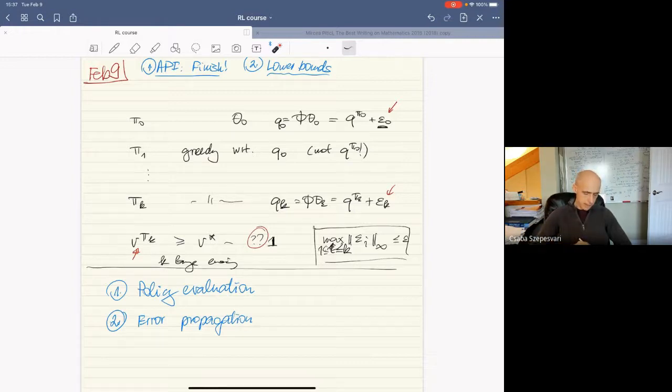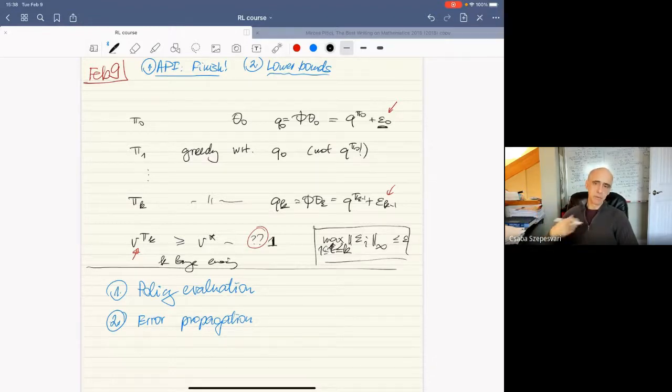And then the process continues. In the k-th step, generally, pi k is going to be greedy with respect to q k, which was the approximate value function of, oops, well, look at the typo, of the previous policy. And then after you do this for some large number of iterations, you want to stop and say, this policy is maybe good enough for me.